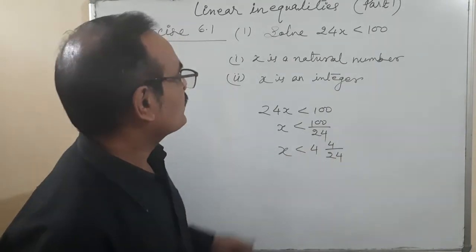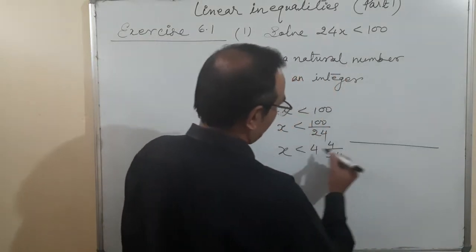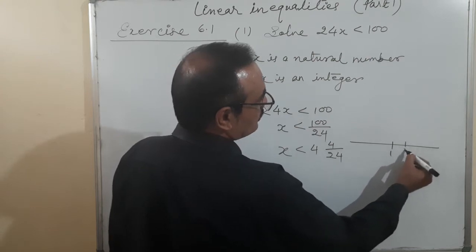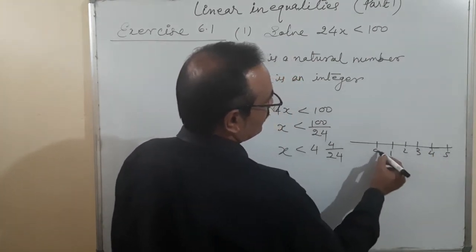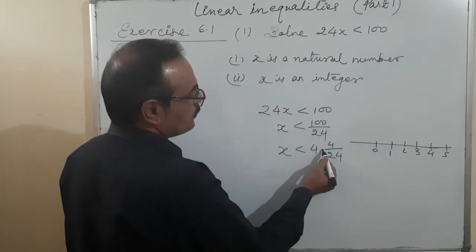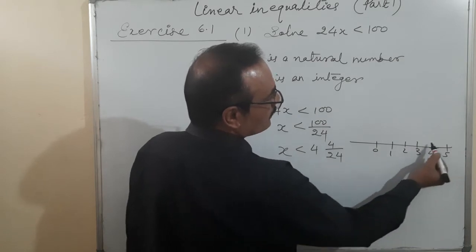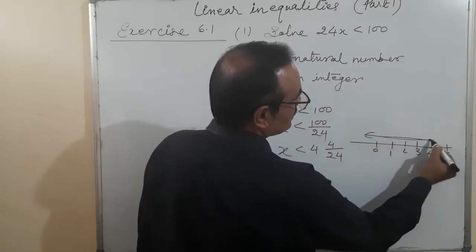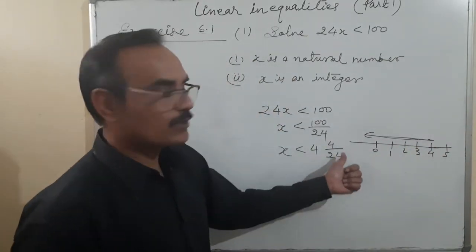Okay, so when we are talking about x is a natural number, you see the number line: 1, 2, 3, 4, it is 5. 4 whole 4 upon 25, that means from here, this is the position of x. 4 will be included because this number is more than 4.